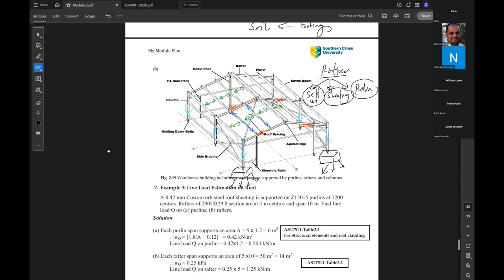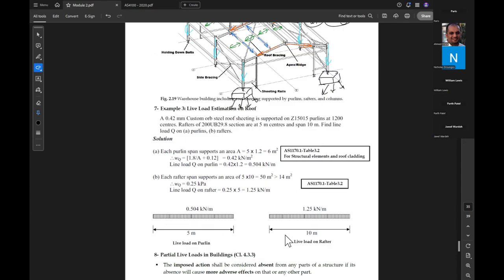Okay. Let's quickly look at this example on live load estimation. If we have a 0.42 Custom Orb roof sheeting supported on a purlin Z150-15 and the spacing is 1200, the rafter is 200 UB 29.8 at 5 meter centers and 10 meter in span.